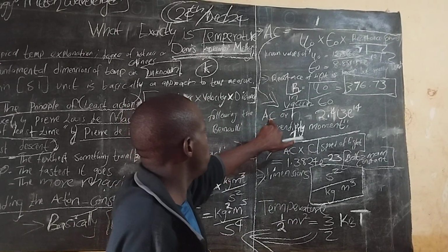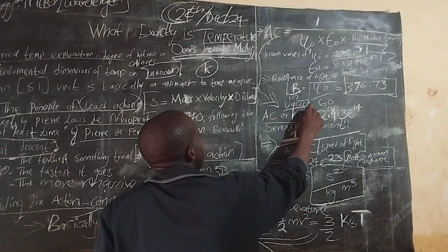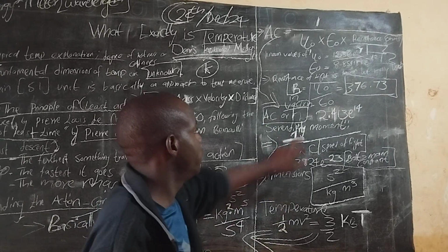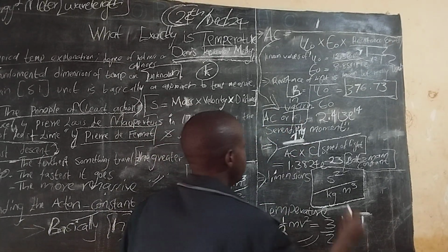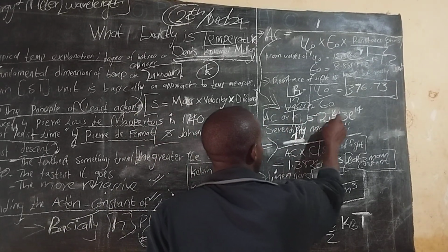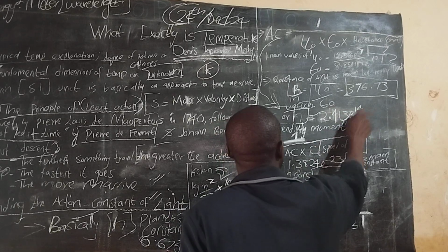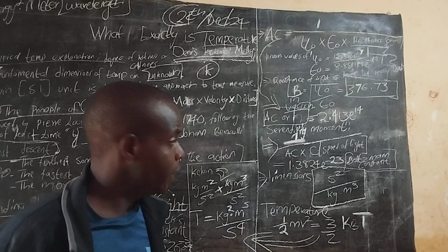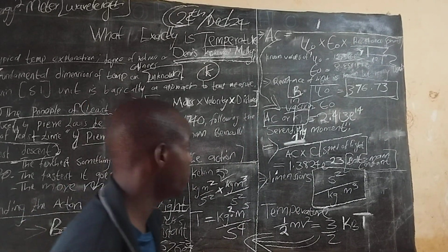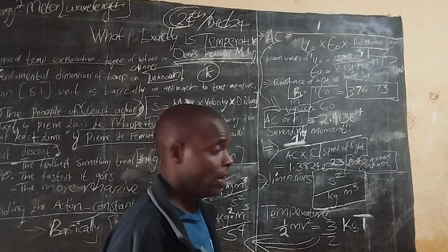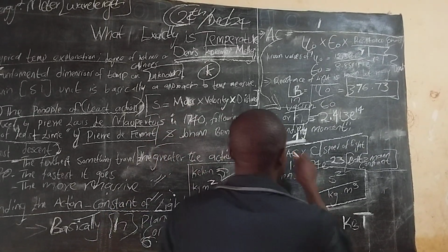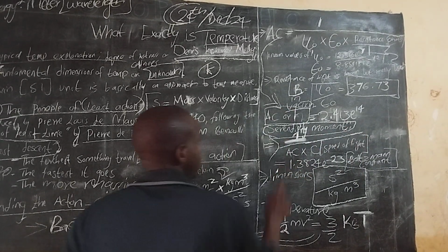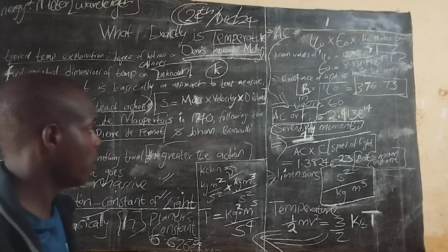So now we know the action constant h of light, which is equal to 2.413 to the power of 14.